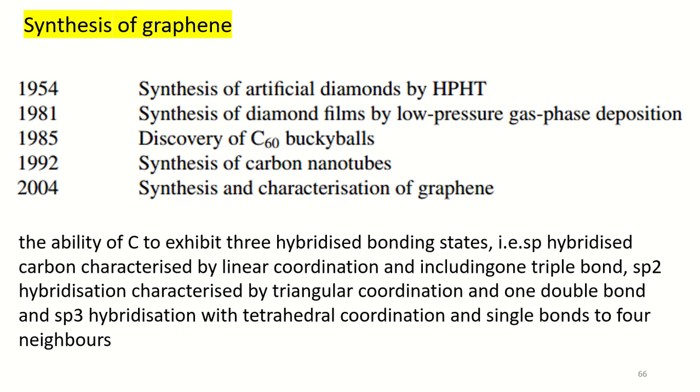The suspension is then reduced with hydrazine hydrate, and most or all of the oxygen should be removed. Other reducing agents can also be used. By varying the conditions, single layer or multi-layer graphene may be obtained.